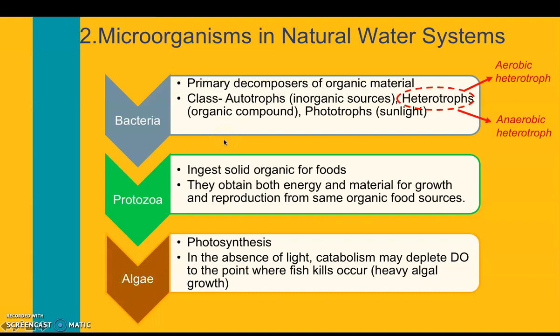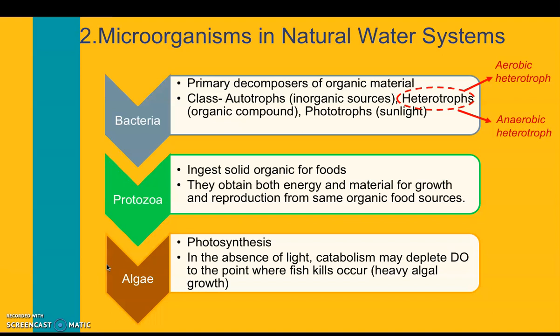Bacteria are classified into three types. The first one is autotroph, which derives energy and material from inorganic sources, while the second type is heterotroph, which obtains both energy and material from organic sources.